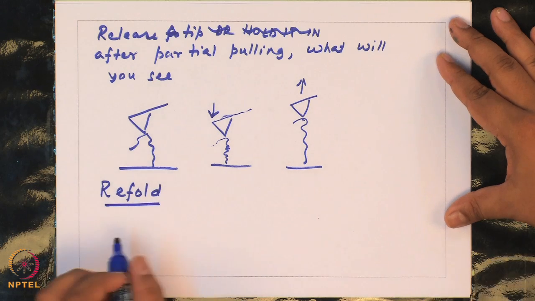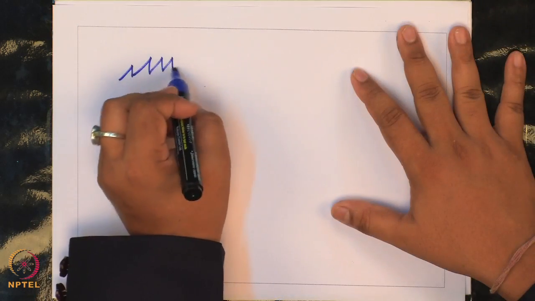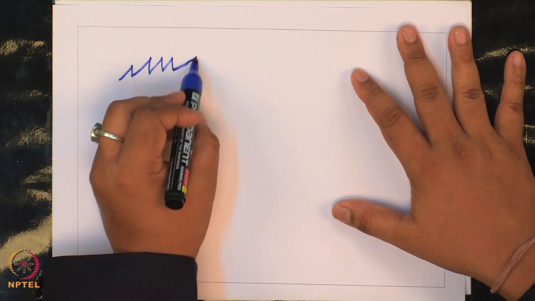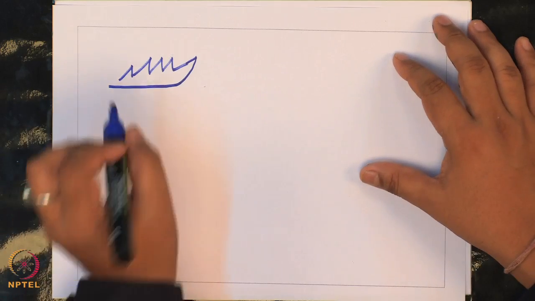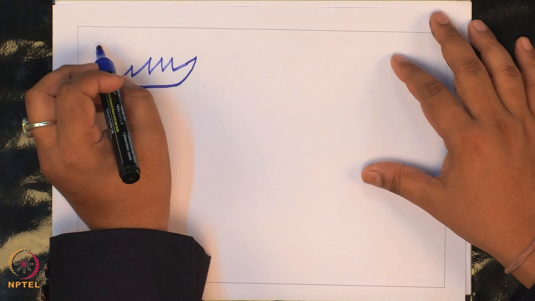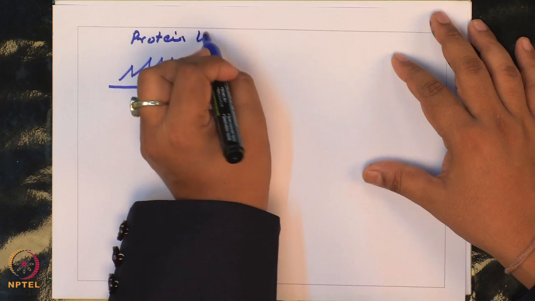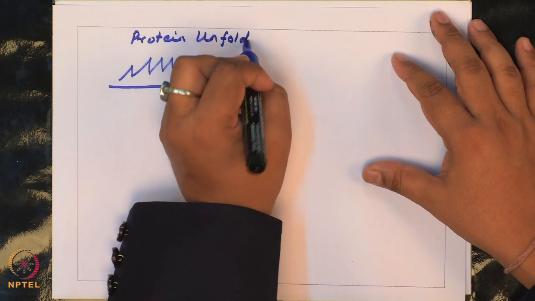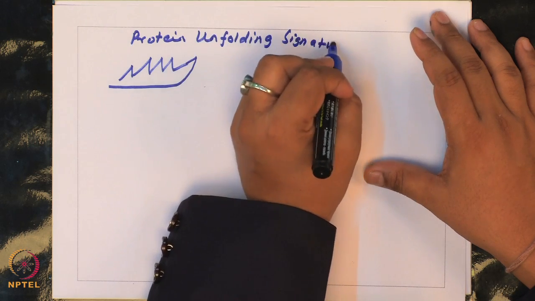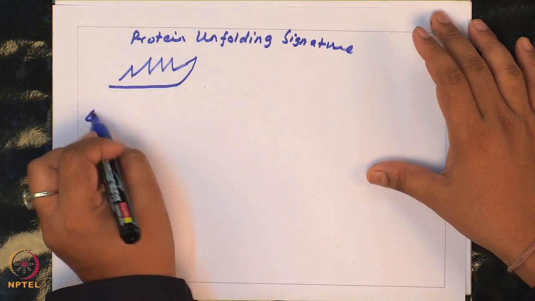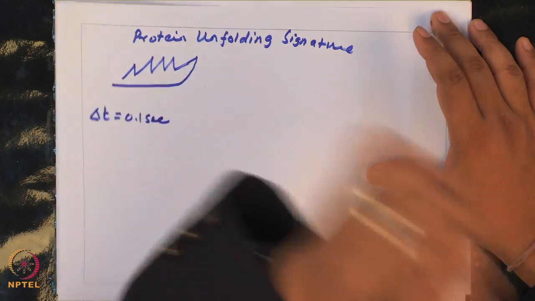How do you know what is the signature of refolding? This is the protein unfolding signature. Let us assume delta t is 0.1 second.